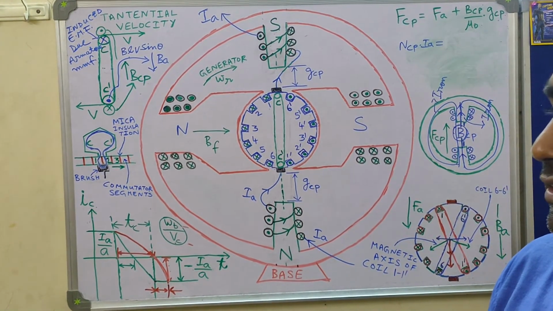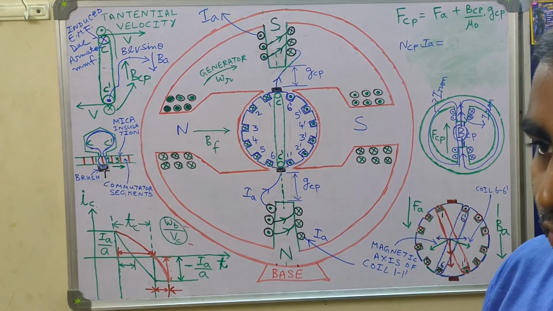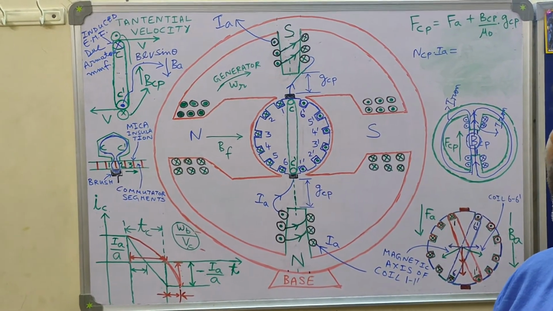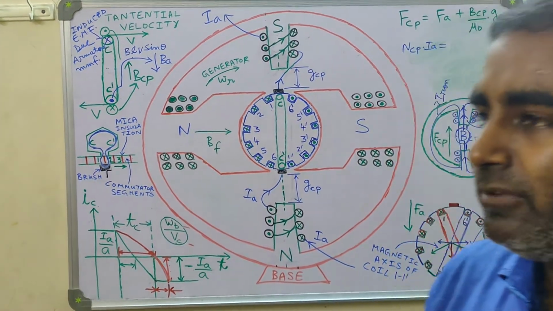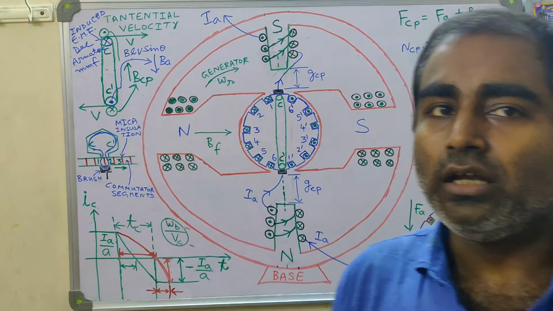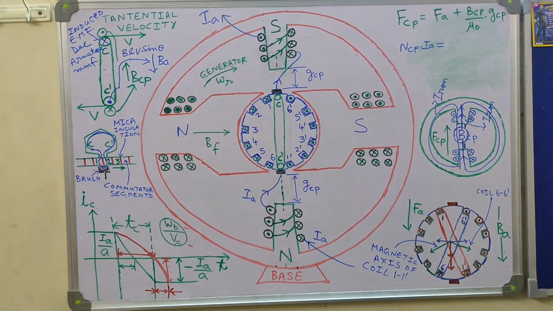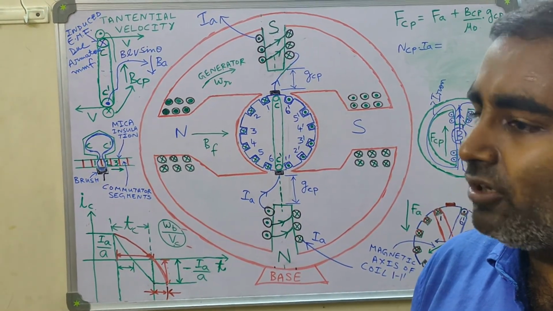It is IA by A. So Z by P, the number of conductors under each pole, multiplied by the current carried by each conductor, IA by A, will give you ampere conductors. But you want to find MMF. So if you want to find the number of turns, you have to divide the number of conductors by 2. The moment we divide the number of conductors by 2, we get the number of turns.